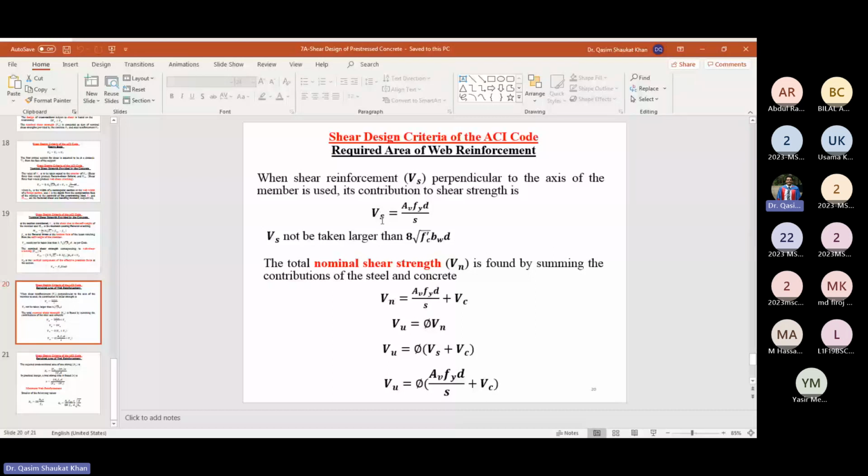So Vs is the contribution of the shear reinforcement in resisting the shear, that is Av times fy into d over s. The shear reinforcement Vs perpendicular to the axis should not be taken larger than 8 √fc' bwd. Please note down this point. Noted this point?